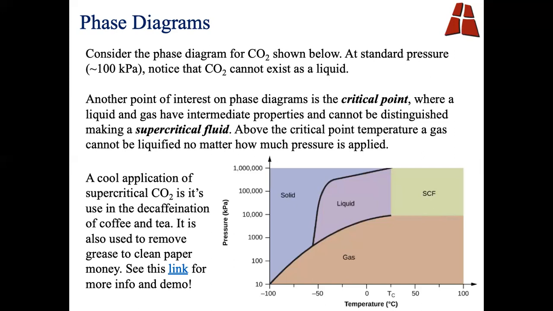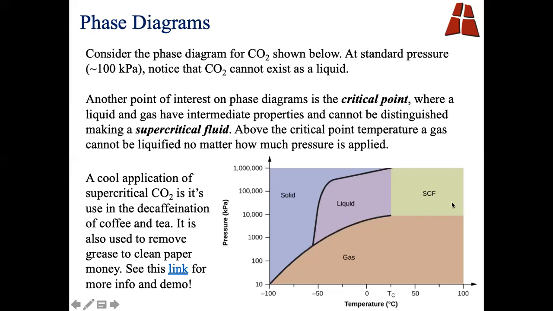It's also used to remove grease and clean paper money. So anytime you have an old grimy dollar bill, for example, if it were sent back to a mint for cleaning, they could clean it by putting it in a pressurized tank with carbon dioxide that they could turn into the supercritical fluid.